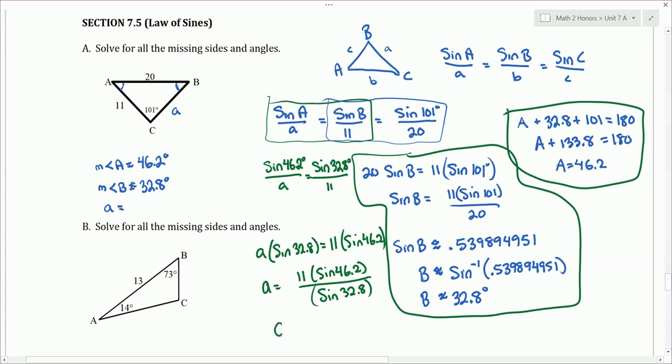So you should get A is about 14.7. And so we found what we were looking for.